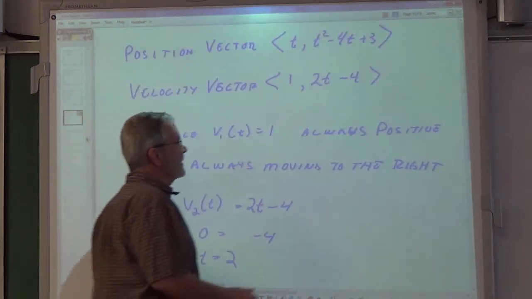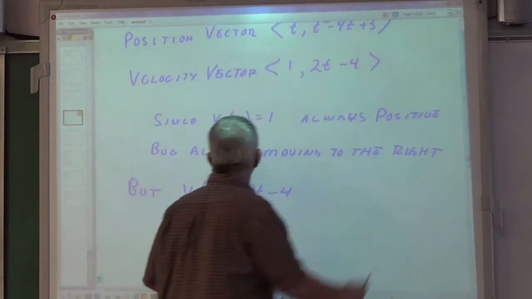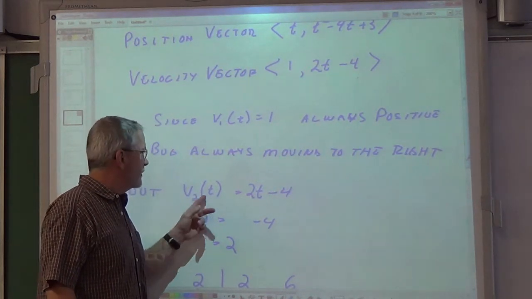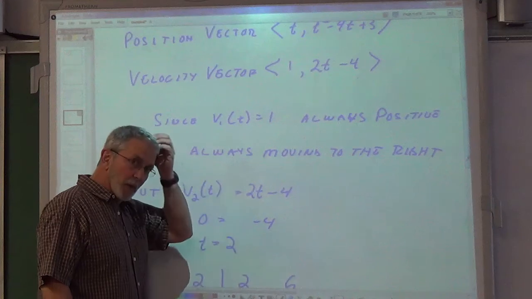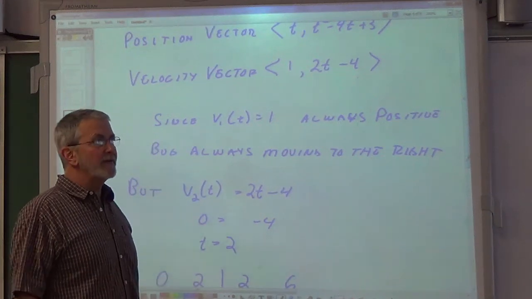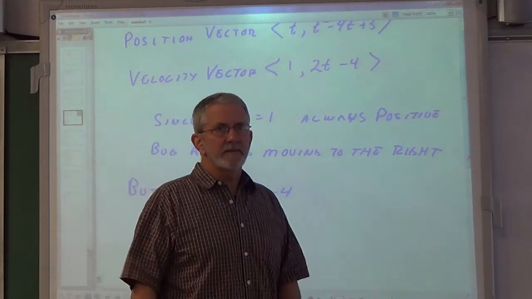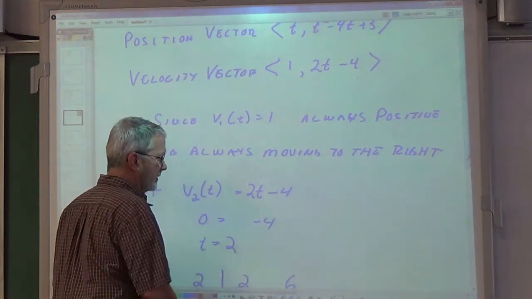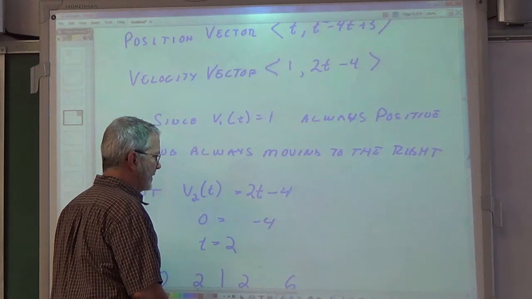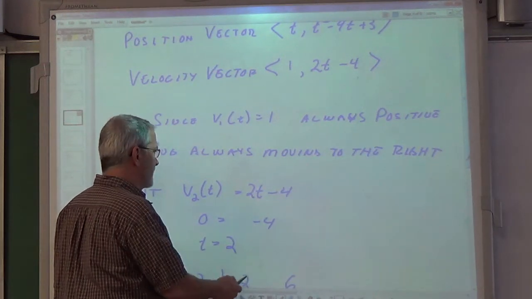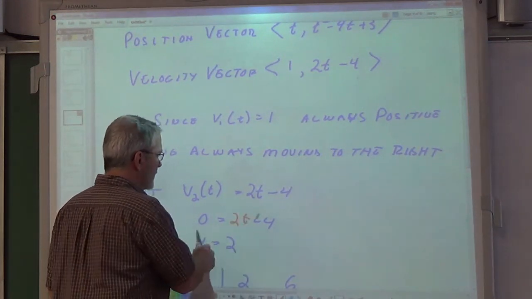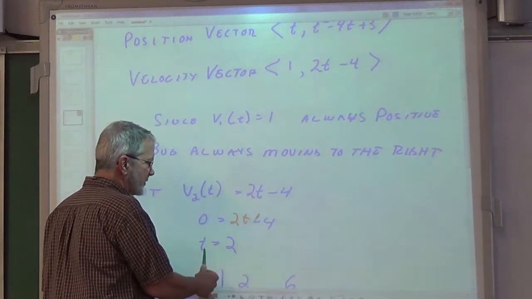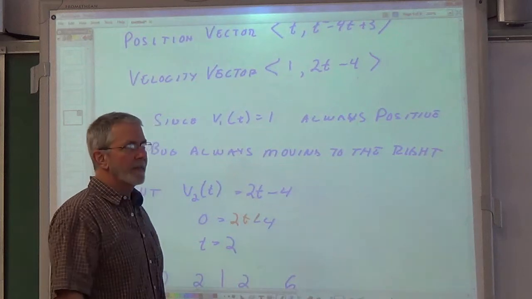And look here. Here's the second component, y prime of t, or v sub 2 of t, which is 2t minus 4. We know from our previous discussion about position and velocity that when the velocity is 0, which is when t equals 2, the velocity 2t minus 4 is 0.